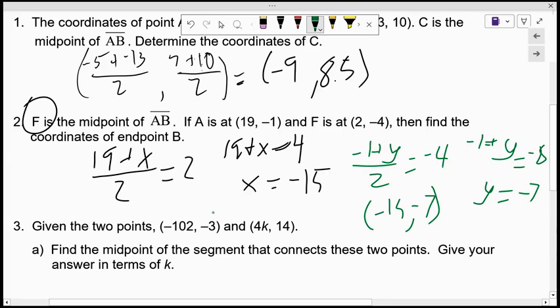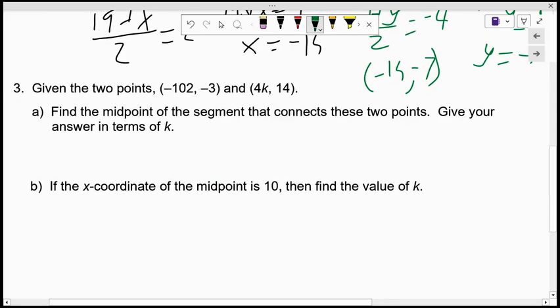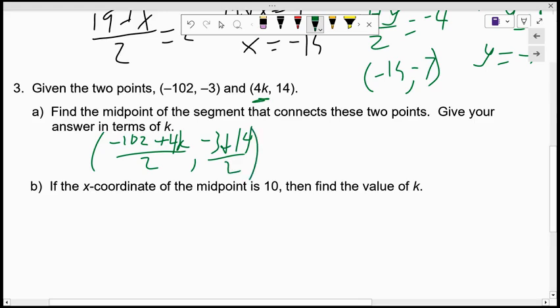All right. So the way we make these a little bit harder, but it's really not even that bad. Here it says, given this endpoint, you'll notice one of these endpoints has a k value in it. It says, find the midpoint of the segment that connects these 2 points. Give your answer in terms of k. So that's literally just, k is going to be in our answer. So we're going to just do the normal midpoint formula, -102 plus 4k all over 2, comma, -3 plus 14 all over 2.